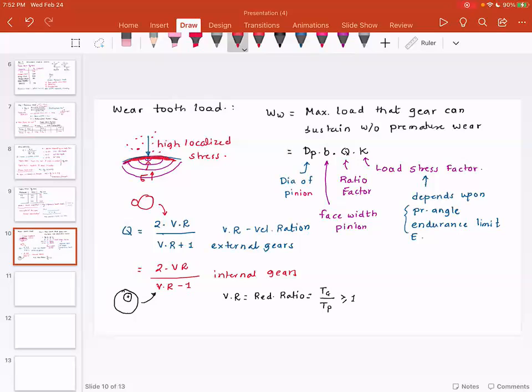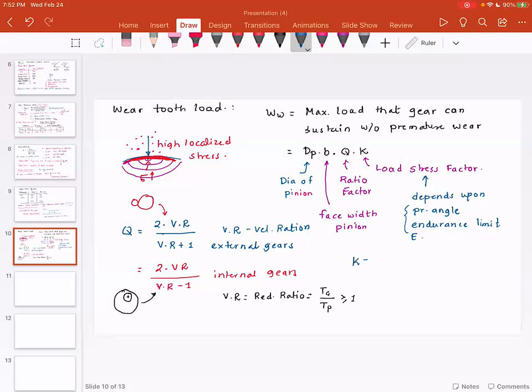So basically, that's why we have some special surface hardening treatments, or we have shot peening, or we have additional carburization, heat treatments that would make sure that the surface hardness is high, that would improve the wear characteristics of the gear pair.